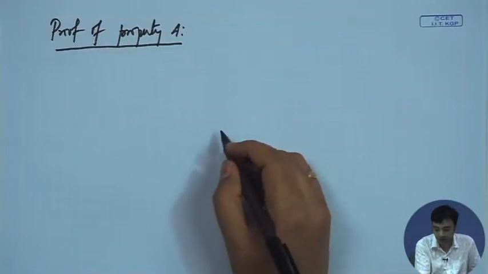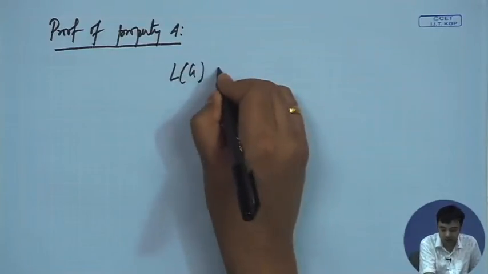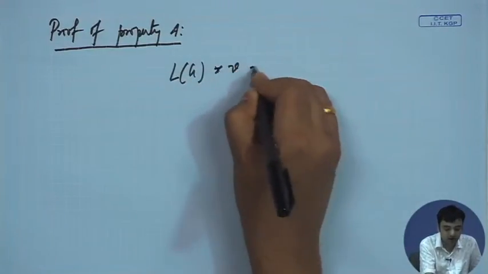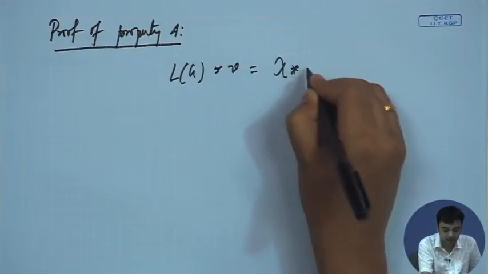Now, what have we seen in property 4? That Lg multiplied by an eigenvector is nothing but lambda multiplied by the eigenvector.